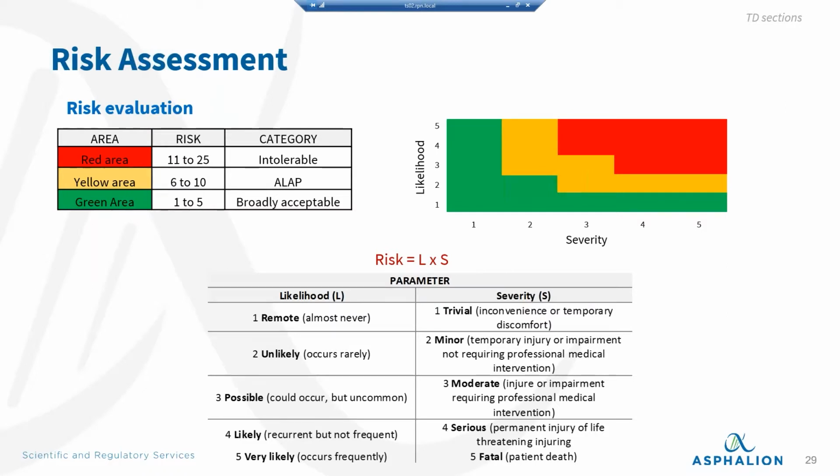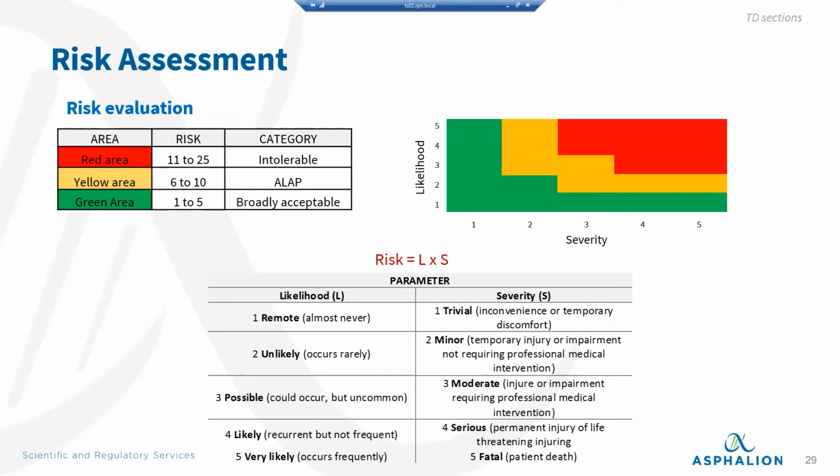But let's imagine that it's a risk that is quite likely and has serious consequences. Obviously, this is going to go to the red area, which is intolerable. So you will have to implement active measures to avoid or reduce this risk. What you will try to do is either implement measures to avoid it from happening or mitigate the consequences.